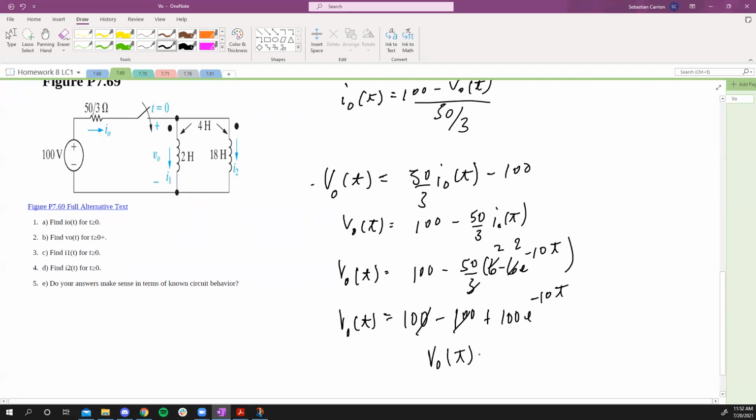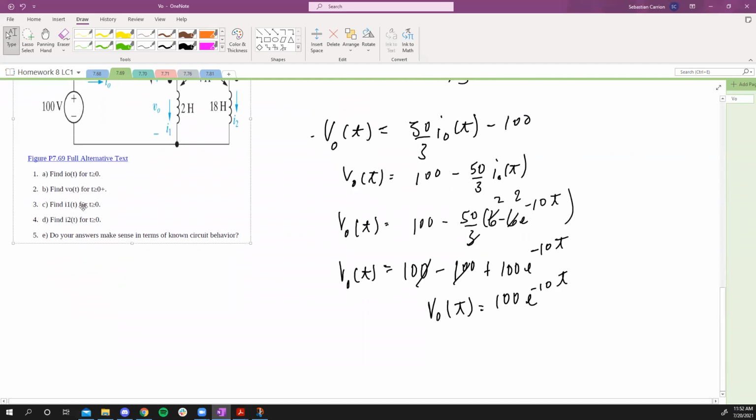So V naught of t is going to be equal to 100 e to the negative 10t. Okay.